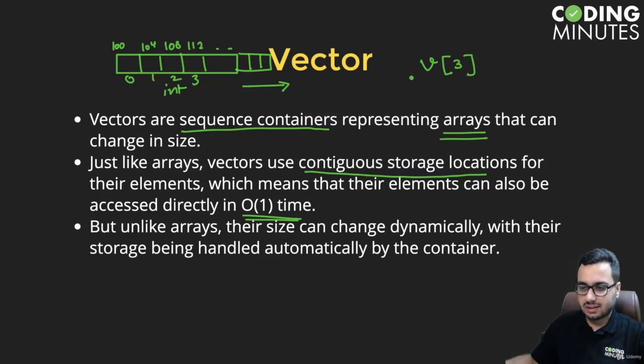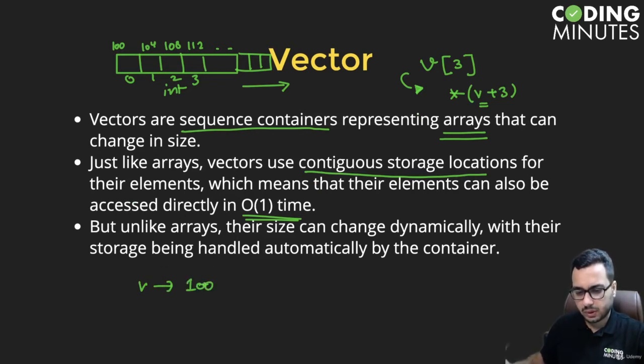As I discussed earlier, this operation is broken down by the compiler as *(v + 3). Here v is the base address. With v, we know the base address of the vector. Let's say this address is 100. This address is stored in a special table generated by the compiler, known as the symbol table, and it is a read-only table.